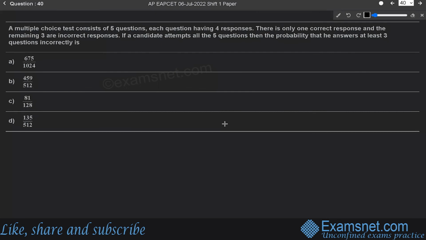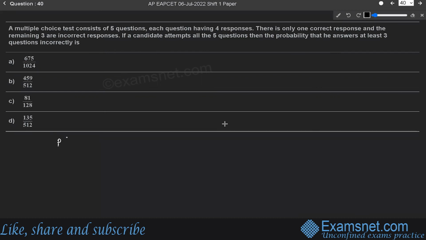Next question is, a multiple choice test consists of 5 questions, each question having 4 responses. There is only one correct response and the remaining 3 are incorrect responses. If a candidate attempts all the 5 questions, then the probability that he answers at least 3 questions incorrectly is. We know that we have 4 responses and only one is correct.